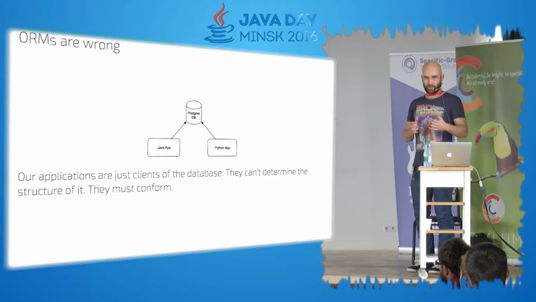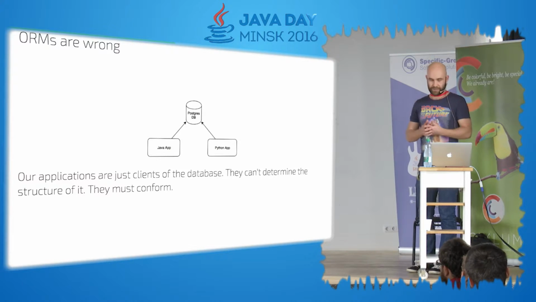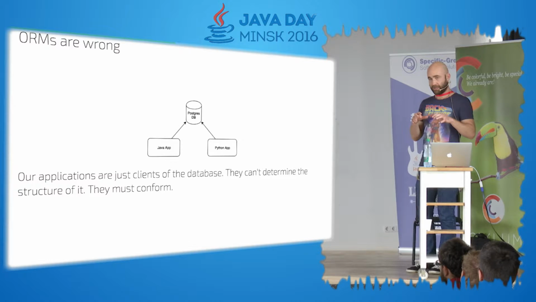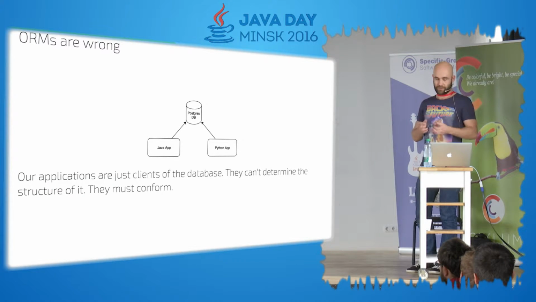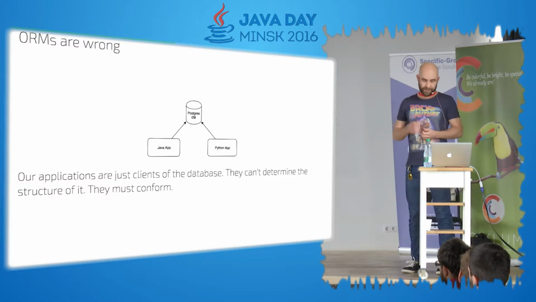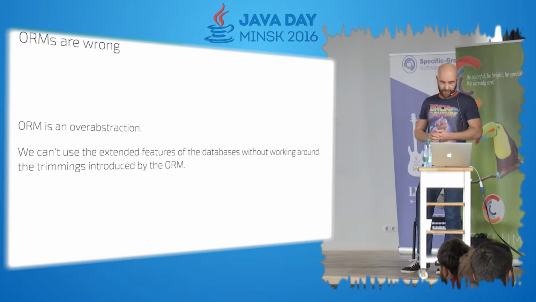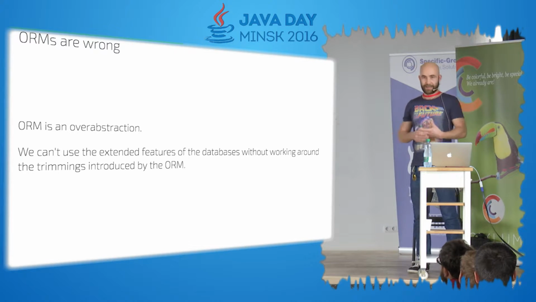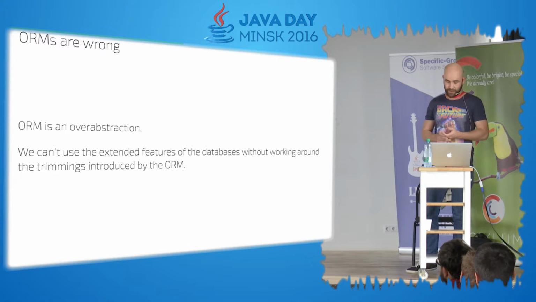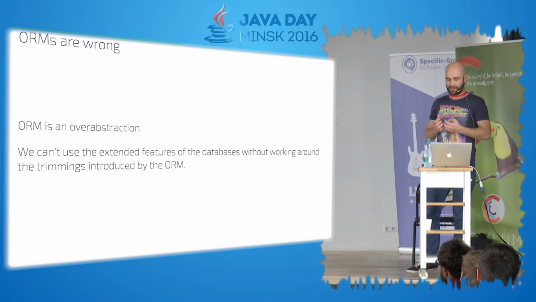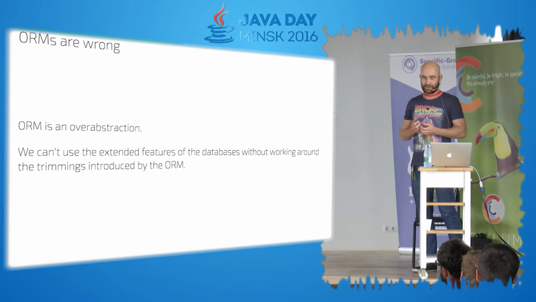So it's for them to act as a client of this database, and model the structure of this database locally. And in the end, ORMs end up being an over-abstraction. All the abstraction that it provides, while making things easier for us, cuts a lot of features of those databases.